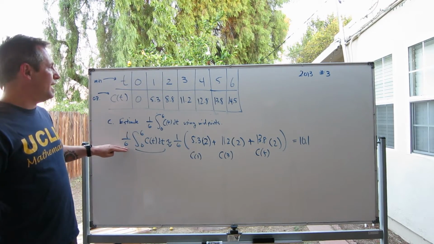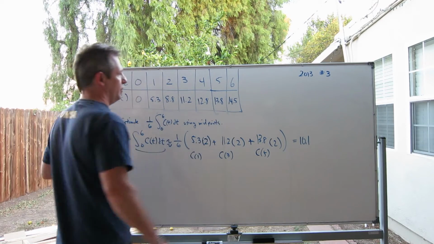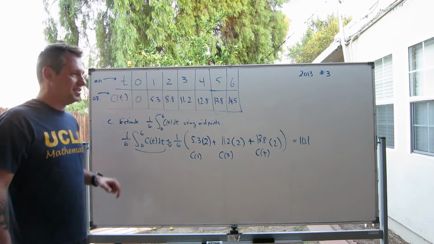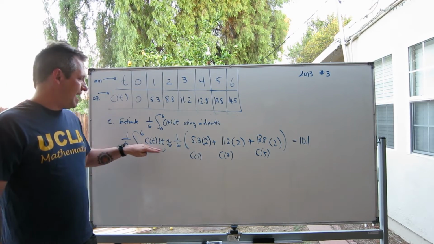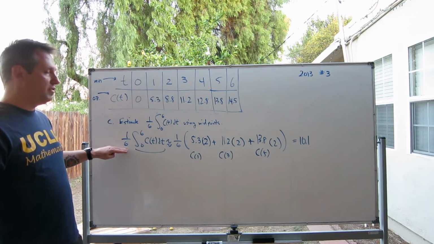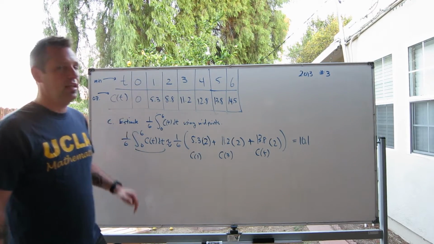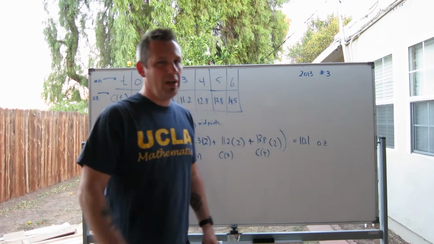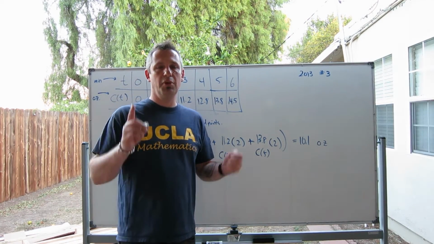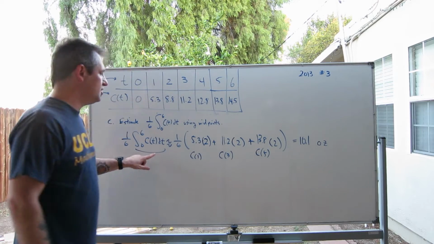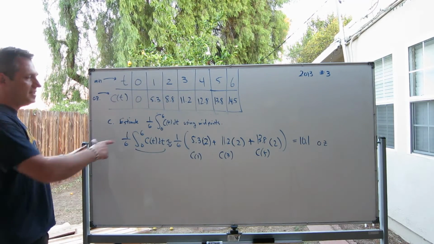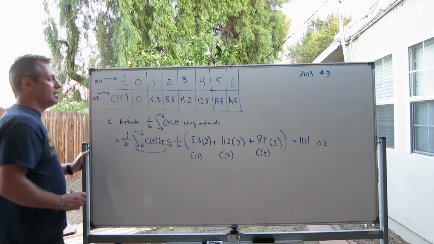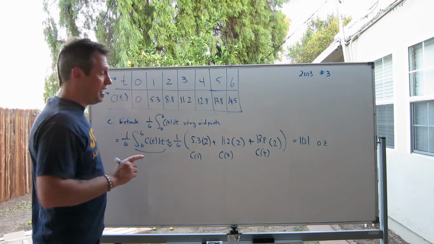Now we're dividing by 6, that's because we're doing it over the interval from 0 to 6, which is a time unit. So this is ounces times time divided by time, meaning that this is ultimately in ounces. Now that's one way of thinking about what unit this is in, but the other way is because this should look familiar. This is the formula for the average value of the function.